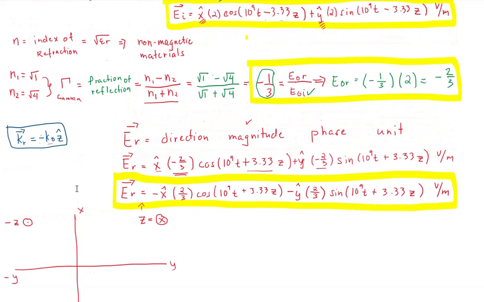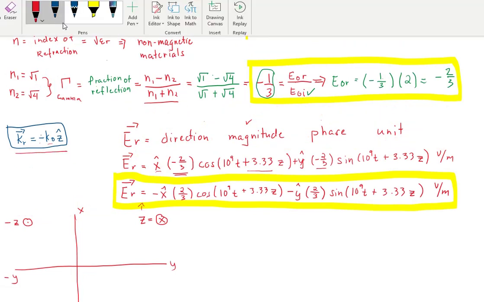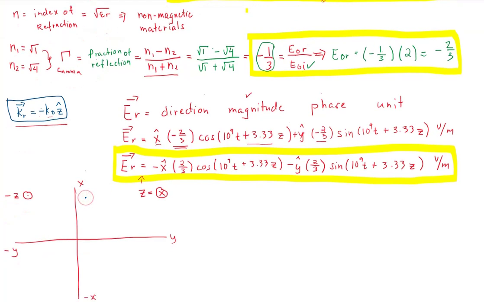We need to apply k. So we use blue. So we know that k propagates along the negative z direction. So we write down k sub r is also, since negative z is coming out of the page, k sub r is coming out of the page.